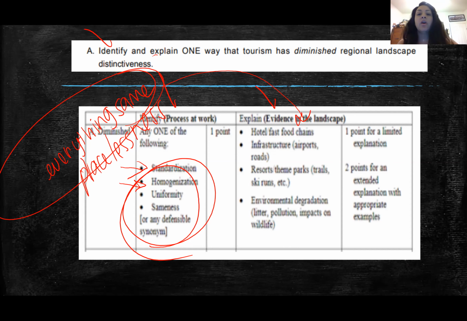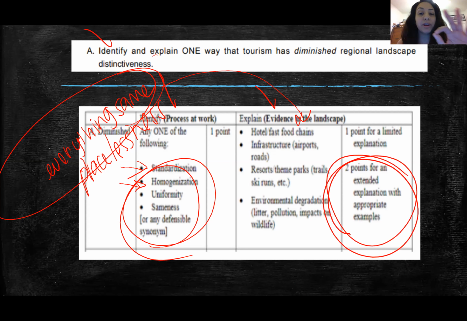Hotels, fast food chains, infrastructure, like there's a lot of airports, roads everywhere, resorts, theme parks, environmental degradation, where you have litter, pollution, impacts on wildlife. If you extend and you give examples like what we gave for McDonald's, Jack in the Box, Walmart, that would be the 2-pointer. Extended explanation with appropriate examples.